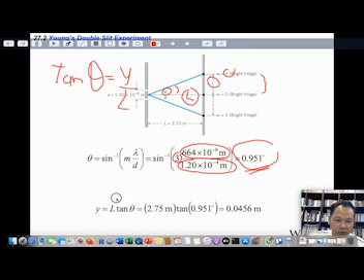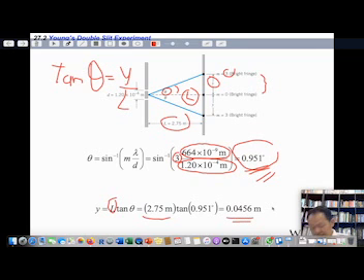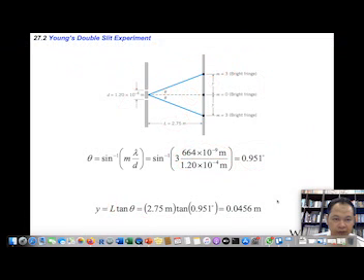You can find L from the problem here, and tangent theta from the angle, and the answer is y like this one. Okay, is that clear? So you can find it easily based on this formula.